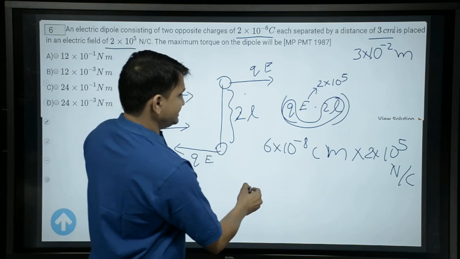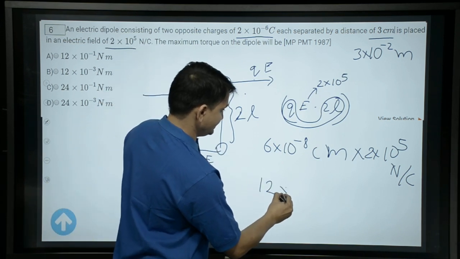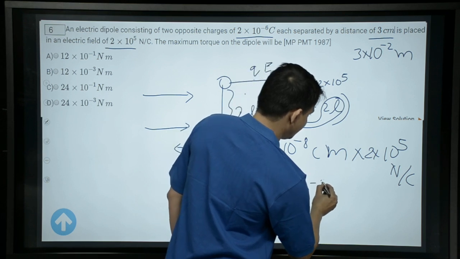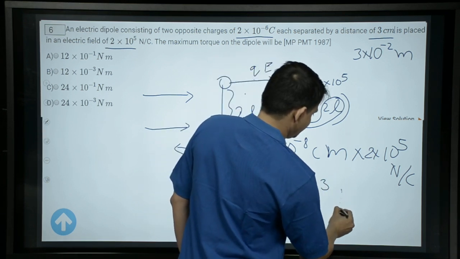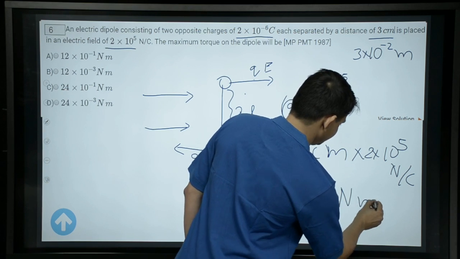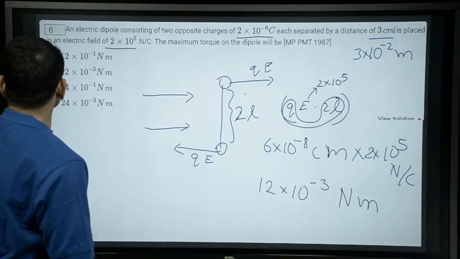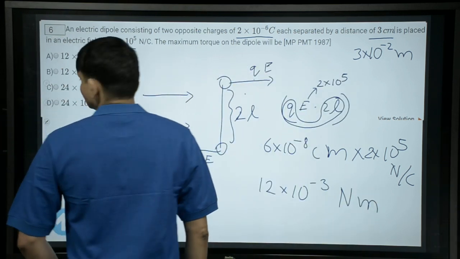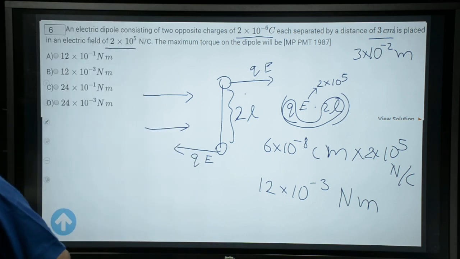That would be giving us 12 times 10 to the power minus 3 newton meter. This is our torque.